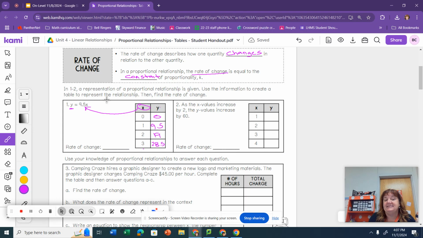Basically, all you're doing is each time you're adding 9.5. Okay? My rate of change is 9.5. Okay, I want you to try to do number 2 on your own, and of course, I'm going to ask you some questions about it.